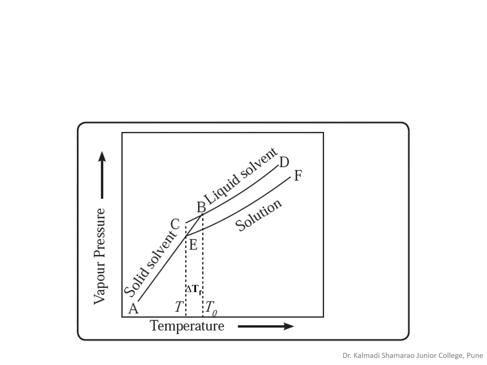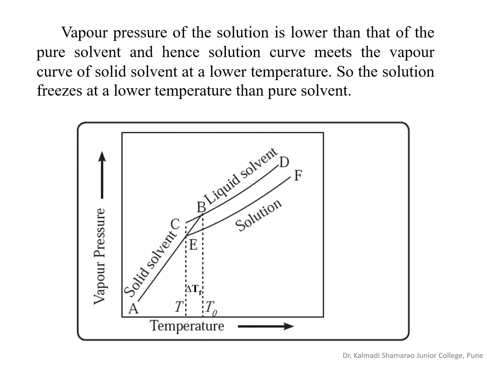Similarly, the curves AB and EF intersect at point E. Thus, the solid solvent and solution are in equilibrium at E. The temperature corresponding to E is the freezing point of solution, Tf. The difference between Tf and Tf naught is called depression in freezing point.